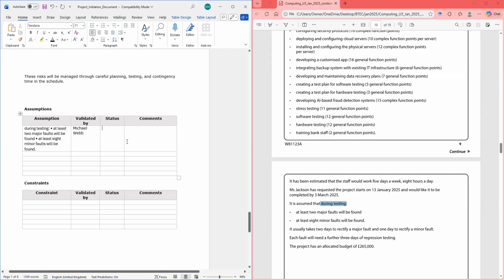They want you to put open or confirmed. All right? So it's confirmed.